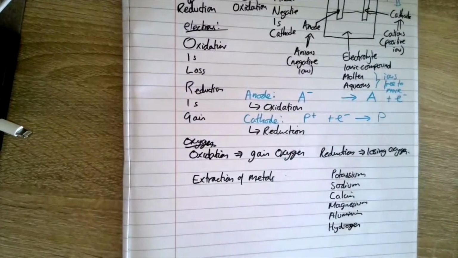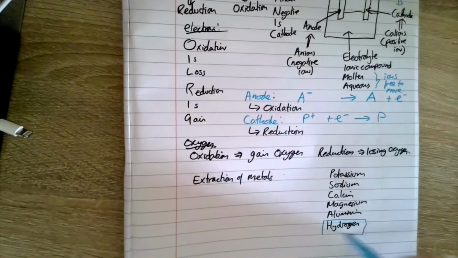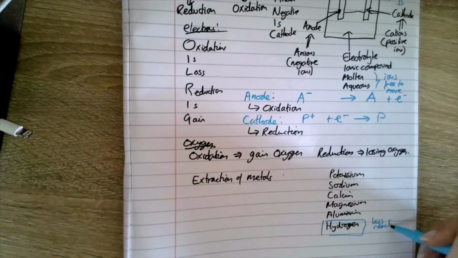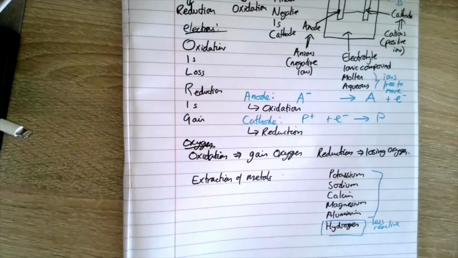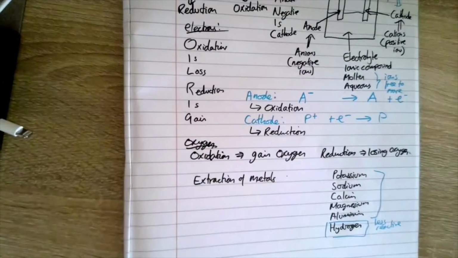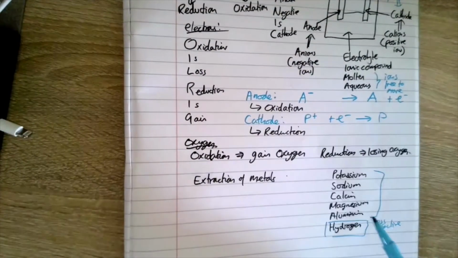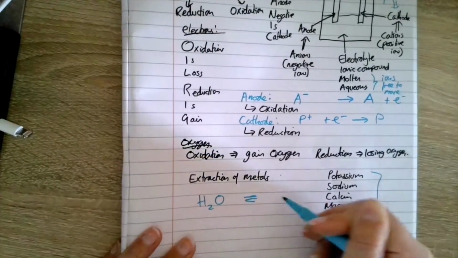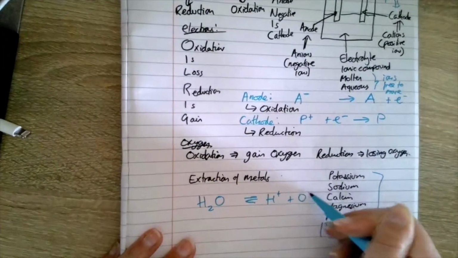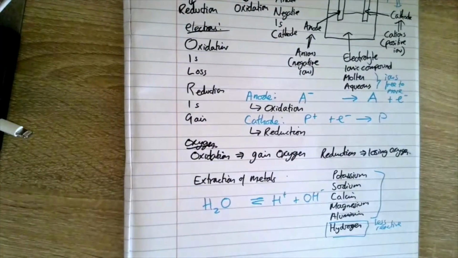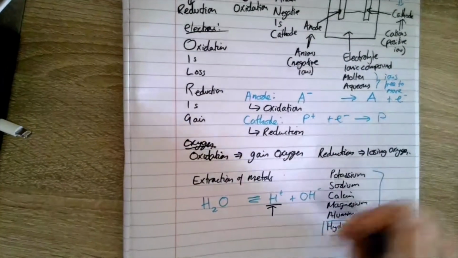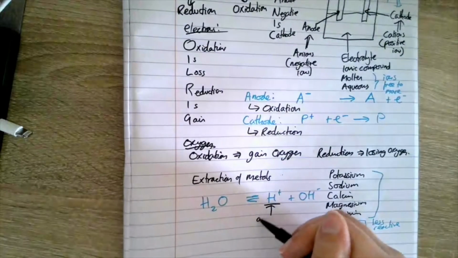Now, whilst hydrogen isn't a metal, it is less reactive than these metals. And so if we're in solution, our water will also split up into H plus and OH minus. And so our H plus ions are also attracted to the cathode.